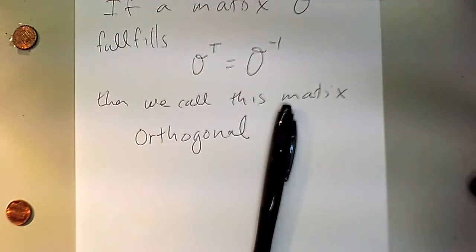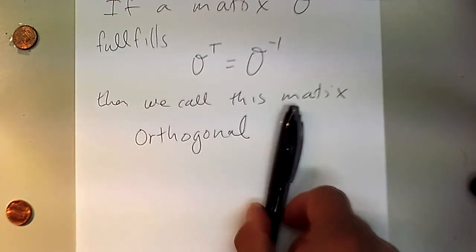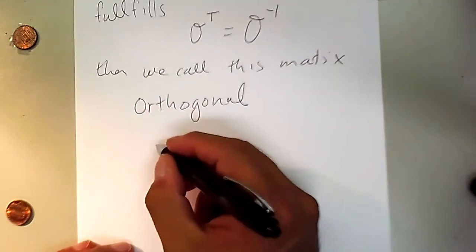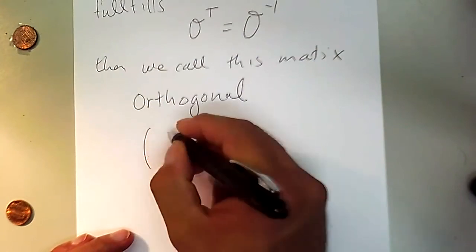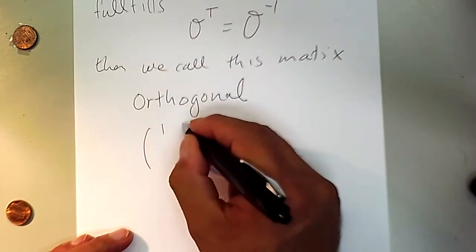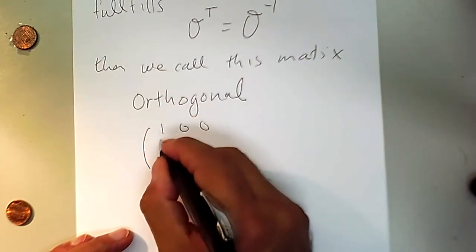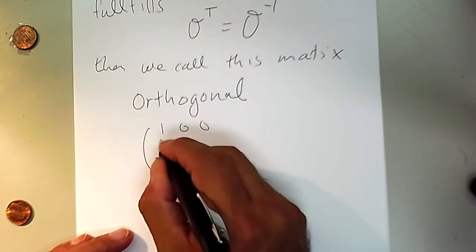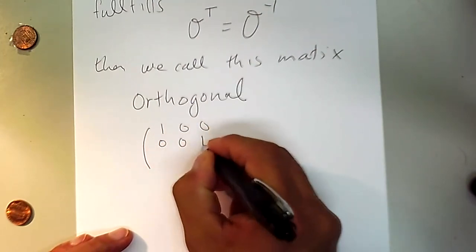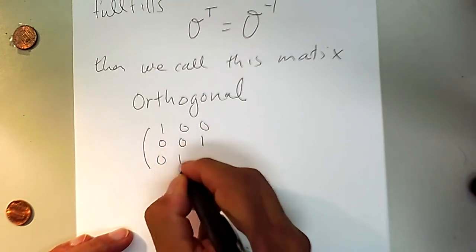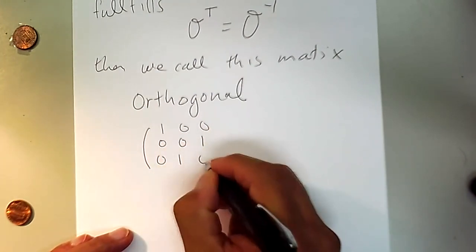So an example of an orthogonal matrix would be the permutation matrix we dealt with in our last example. So it was 1, 0, 0, 0, 0, 1, 0, 1, 0.